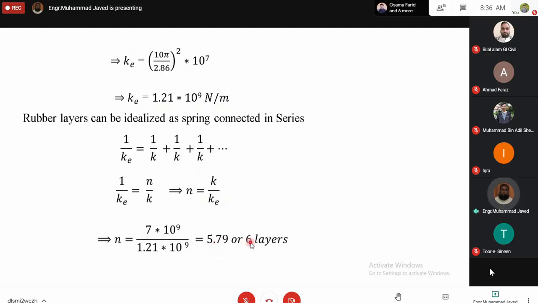So in this case, if we provide 6 layers of rubber, we can reduce the transmissibility to 0.15. Now, if there is any question you can ask.